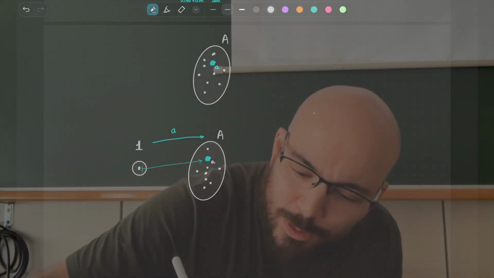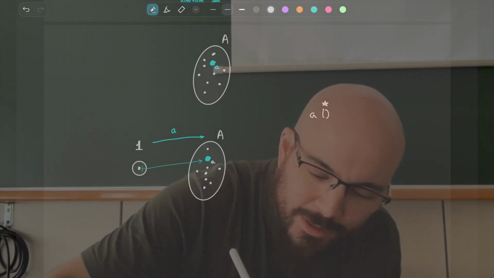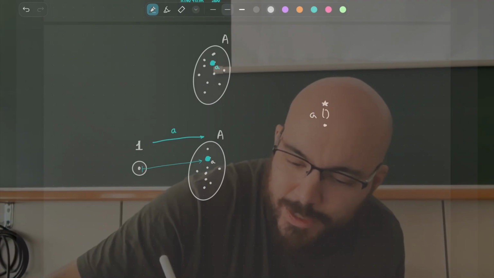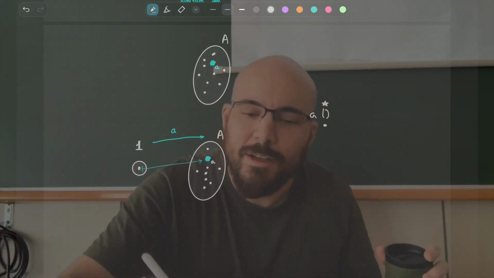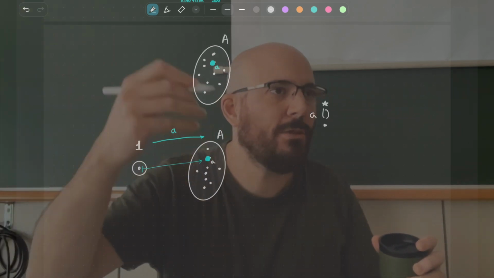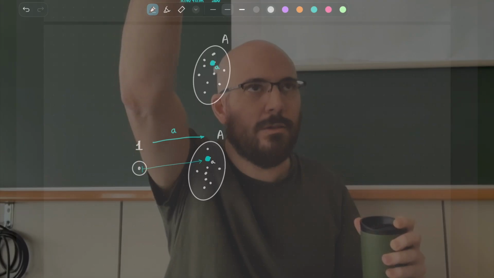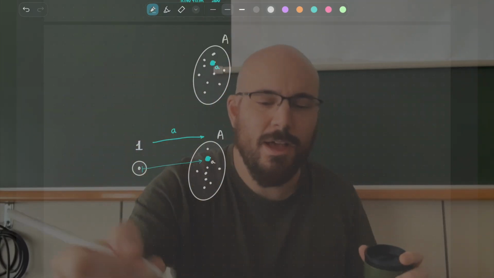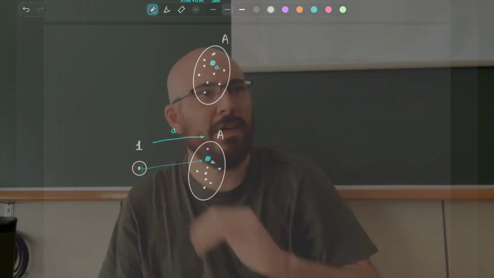I will need to call my a with an empty tuple, or with a star, or with this bullet, in order to get your a, but this is trivial. It can even be mechanized. There is no information. I don't need to think about this in order for it to happen. So for any blue a, your blue a, which is a point in A, I have a different blue a, which is a function from 1 to the big A.